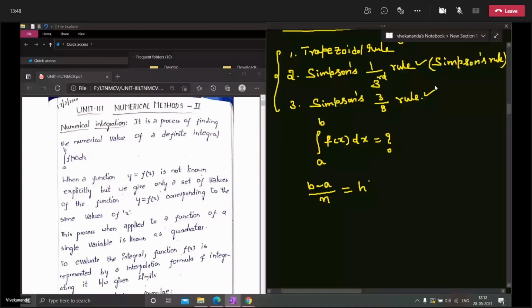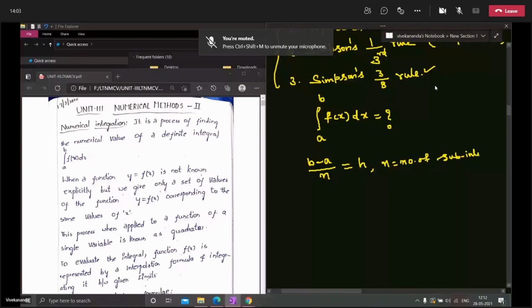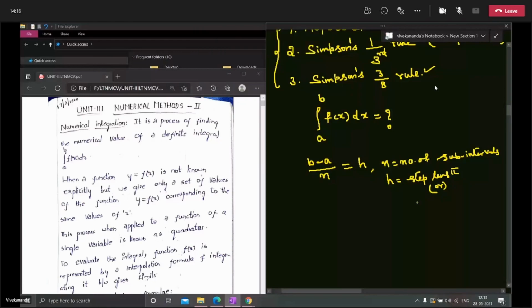Here n is nothing but the number of subintervals, and h is nothing but the step length or width of each interval.